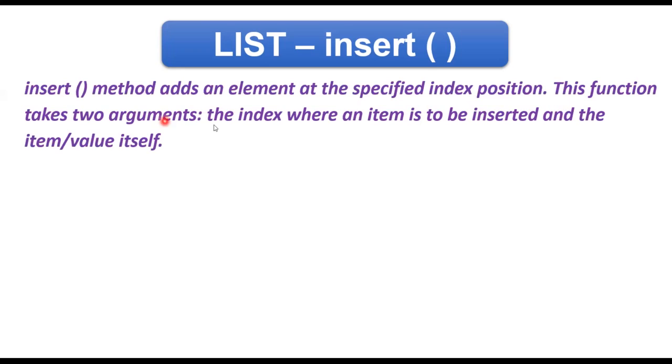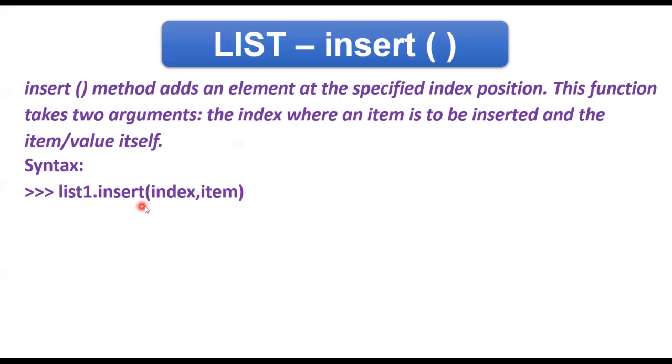This function takes two arguments: the index where an element is to be inserted and the item or value itself. That means one, where I need to insert it, and second, the value itself. So this is the syntax: list1.insert. list1 is my existing list in which I want to insert an element.